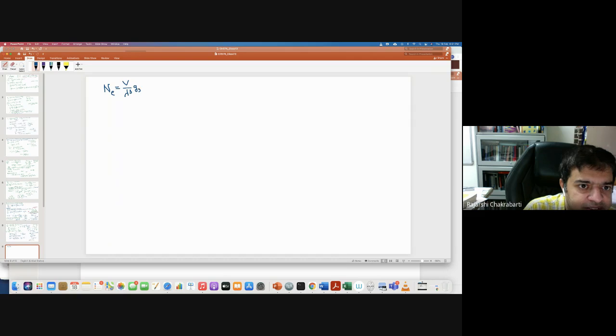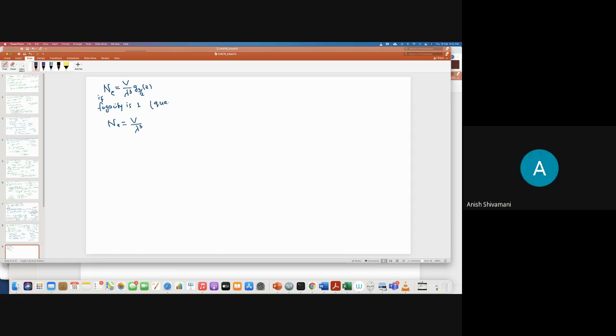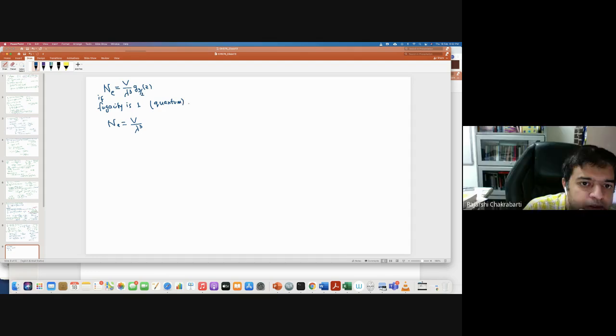In general, it is like this for a given value of z, but if fugacity is 1, then what is the value? Now fugacity 1 is what? What does it mean? Fugacity 1 means this is quantum. So this g will be replaced by zeta 3 by 2.